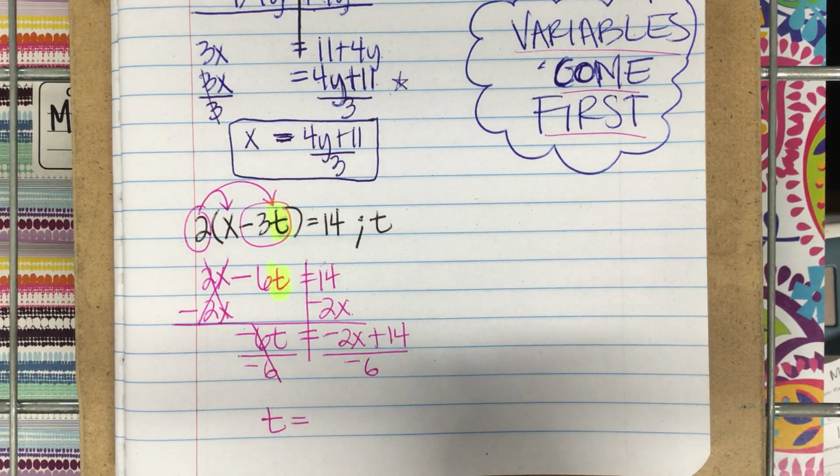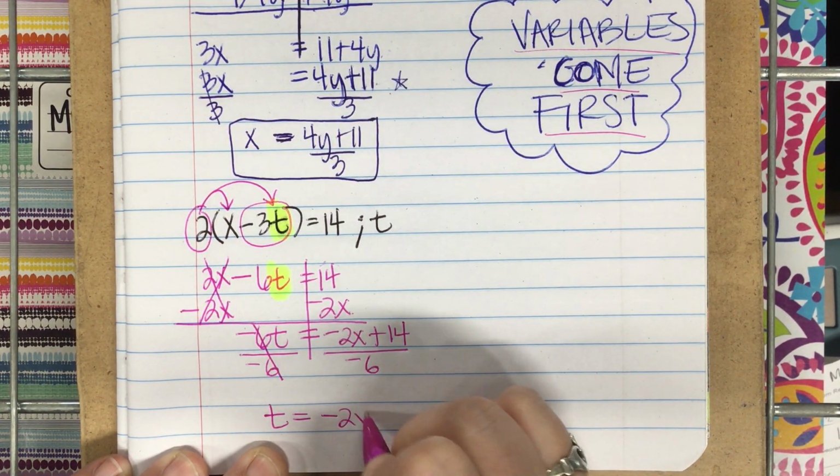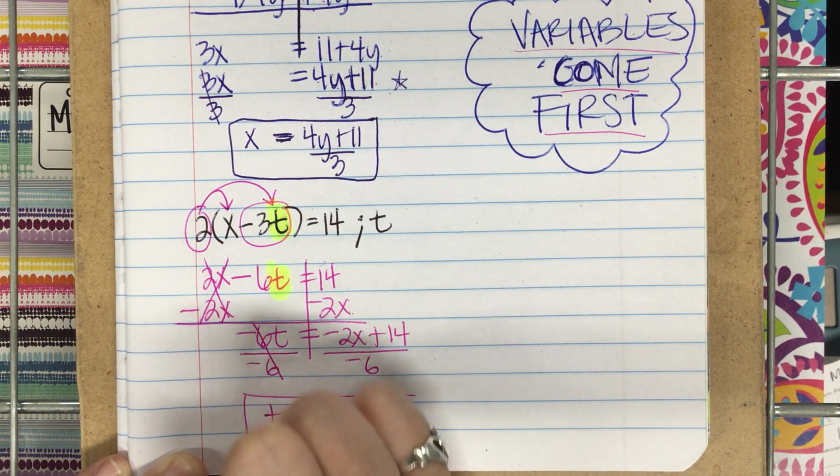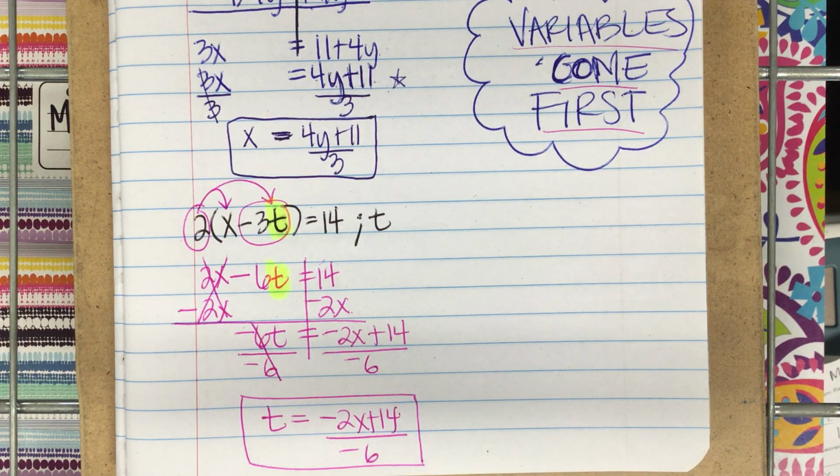I don't either. Negative 2x plus 14 divided by negative 6. And that's it. So you have to be okay with your answer not being 7. Your answer is the problem rewritten.